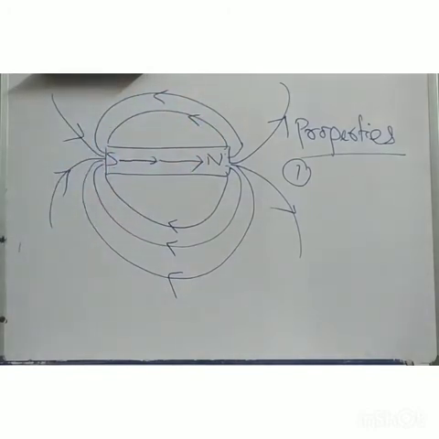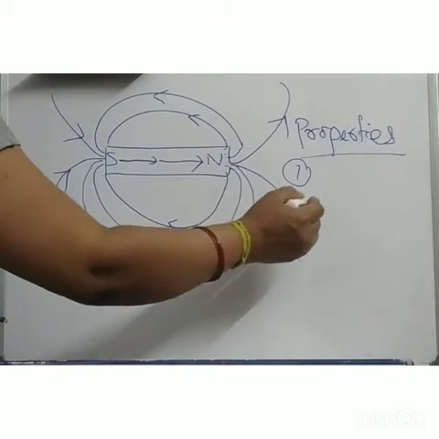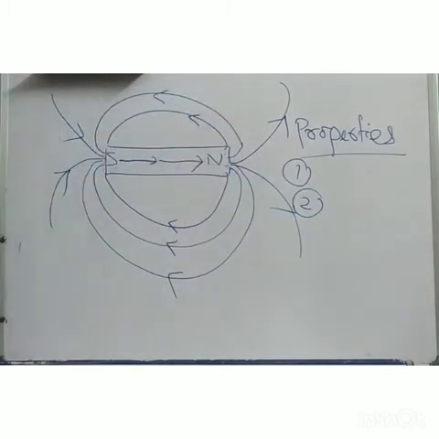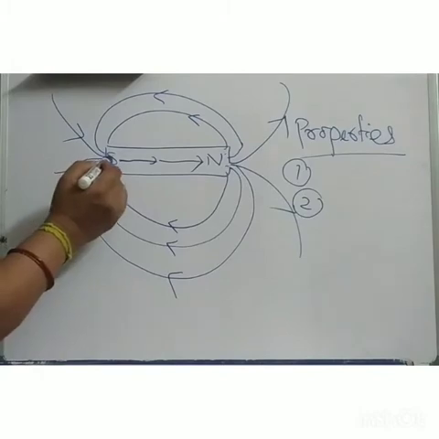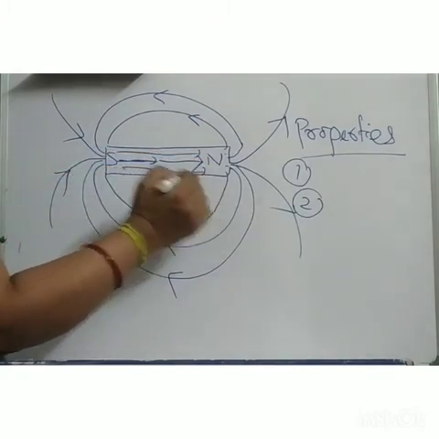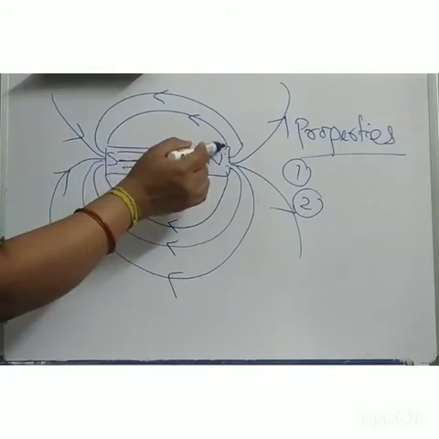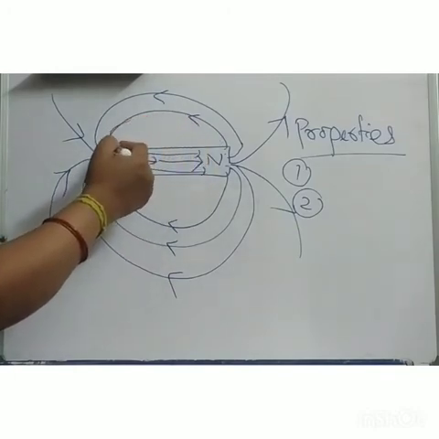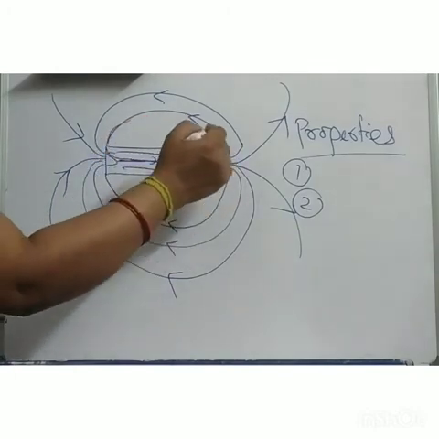Clear? And this is the second point. It starts from north and enters at south, outside the magnet. And the second point is, if you join these, because so many lines will be there, if you join all those things, you will see this is a continuous and closed curve.